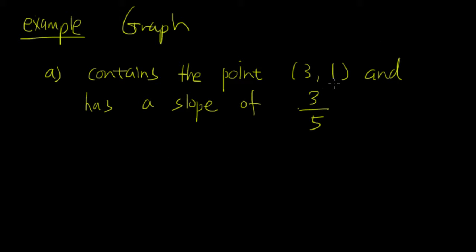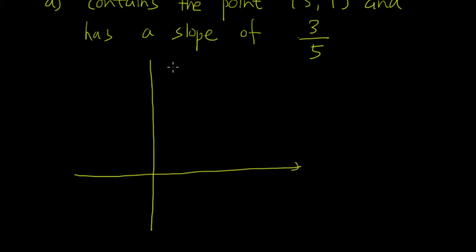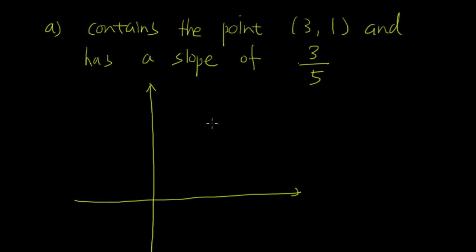We're going to start with this point, (3, 1). It's difficult to draw a line here, but I'll do my best. Let's say 1, 2, 3 and 1.